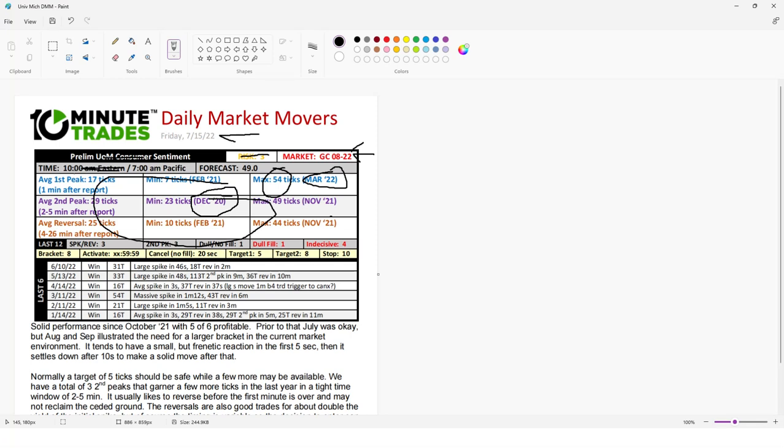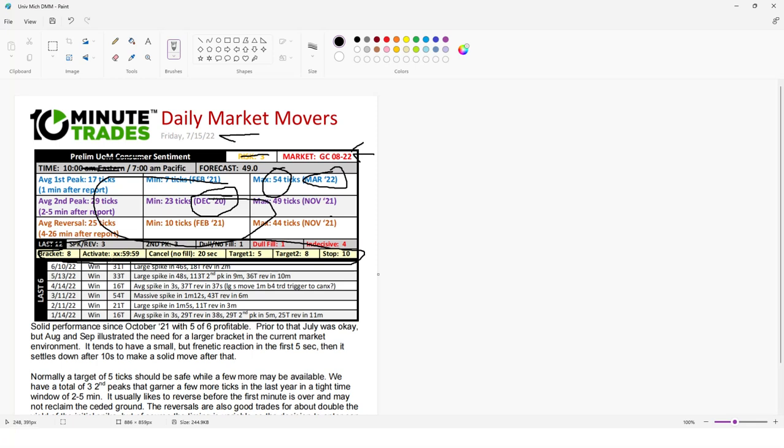And then the yellow line, this line here, is an important line because that has our trade setup. It has the bracket we're using in ticks. It's an 8-tick bracket. What time we're putting into the software, the activation time.